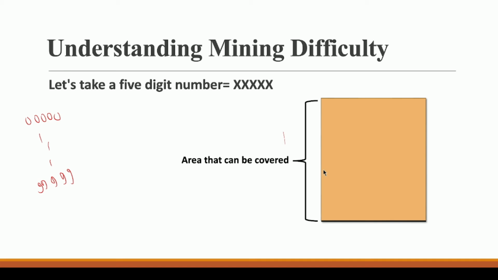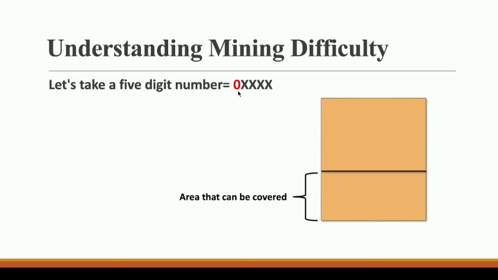But what will happen if I make the first number 0? Now you can clearly see earlier we were covering from 00000 to 99999, right? But now what are we covering? We are only covering these 4 digits because we have made the first character 0.